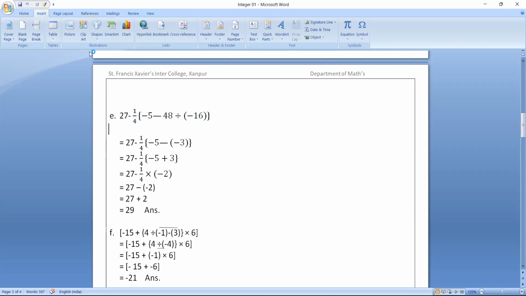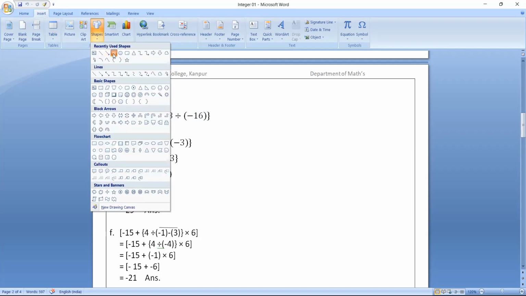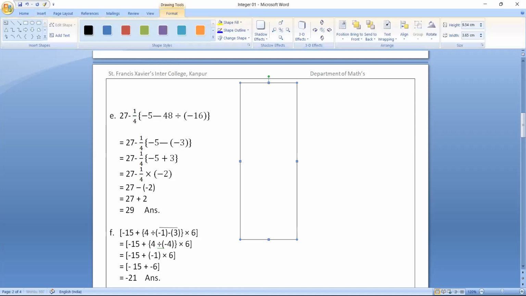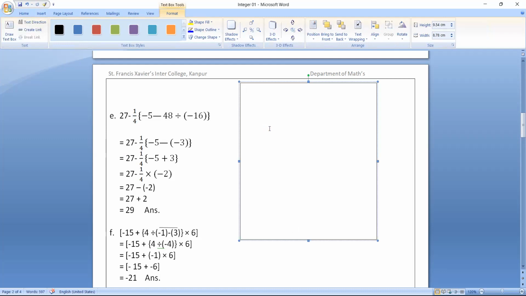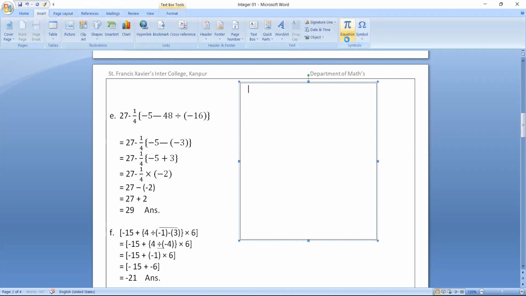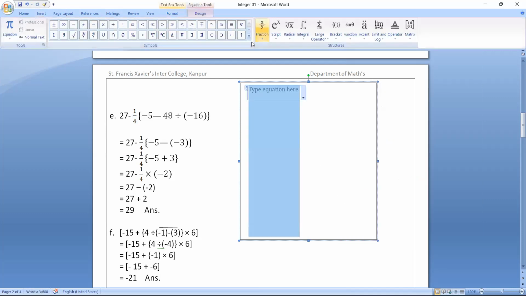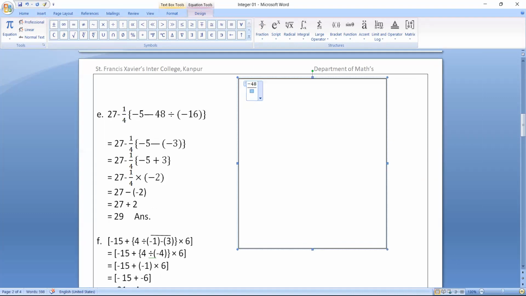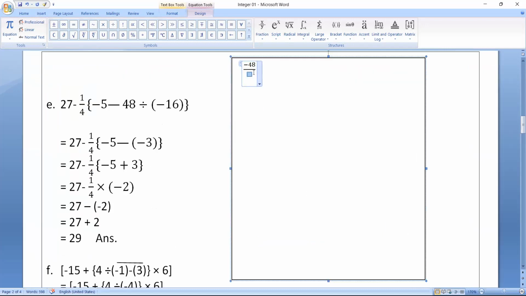That means I'll make a rough column. First we have to divide the number: minus 48 upon minus 16.